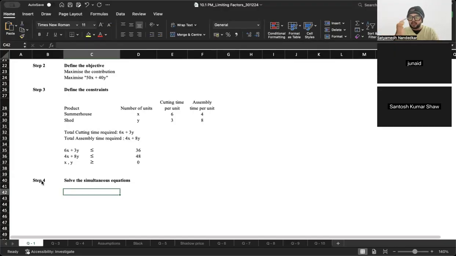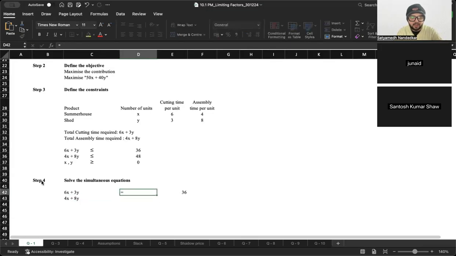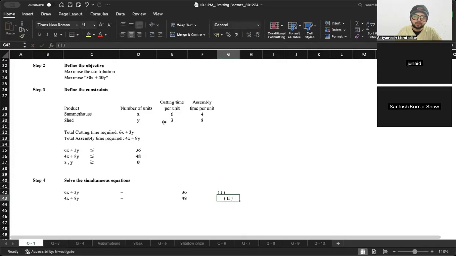We'll ignore the less than sign and we'll write it with just the equal to sign. 6x plus 3y equal to 36 and 4x plus 8y equal to 48. Okay, this is my equation 1. This is my equation 2.